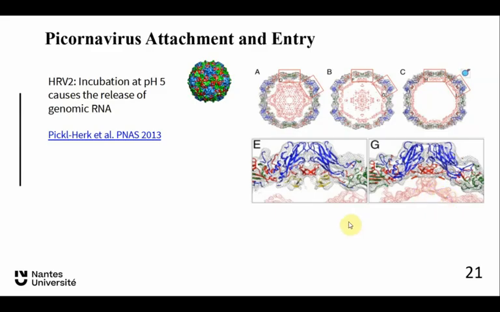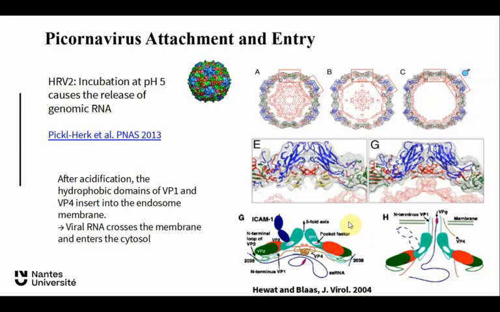Okay. So the model is that after you get receptor binding and reduction in pH, the receptor binds at this junction between VP1, VP2, and VP3, and that's going to cause release of this small organic molecule called pocket factor. So this is released, and the whole thing becomes unstable.